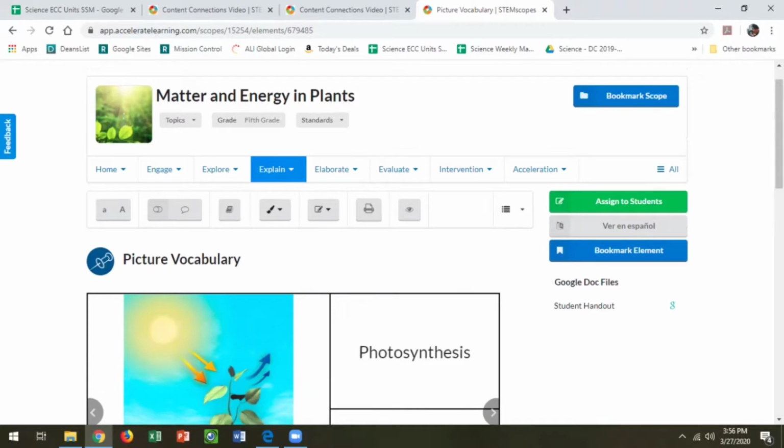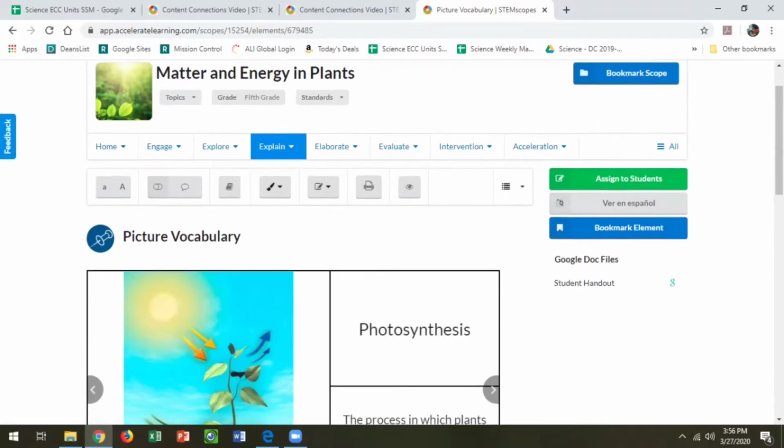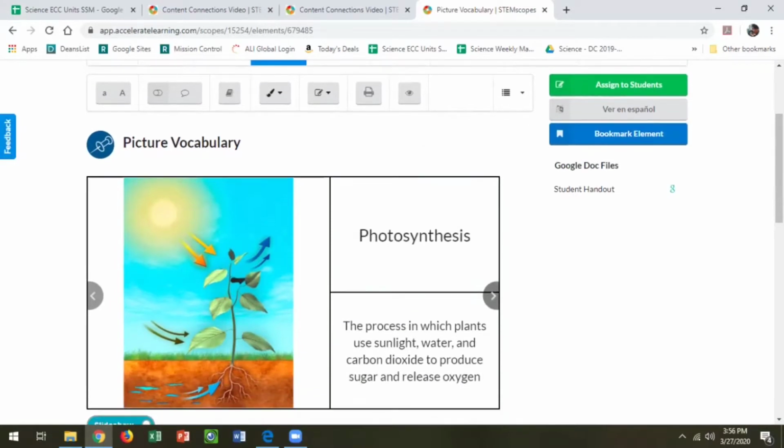Photosynthesis. Big word, $2 word. What is photosynthesis? Think about it for a second. If you said that photosynthesis is the process in which plants use sunlight, water, and carbon dioxide to produce sugar and release oxygen, then you are correct.